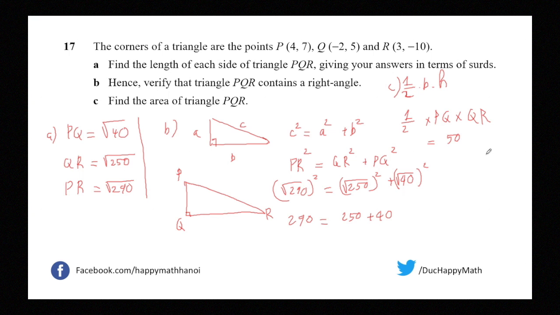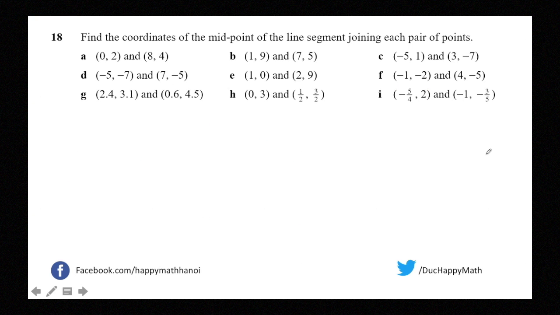Okay, that's quite easy. The new formula: find the coordinates of the midpoint of the line segment joining the pair of points. So okay, what is the midpoint of the segment? For example, again, point A (XA, YA) and point B. So where is the midpoint?